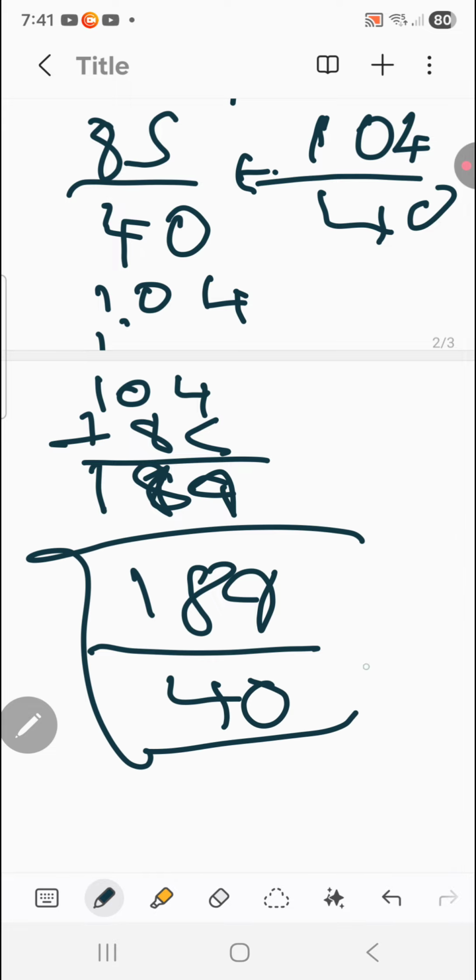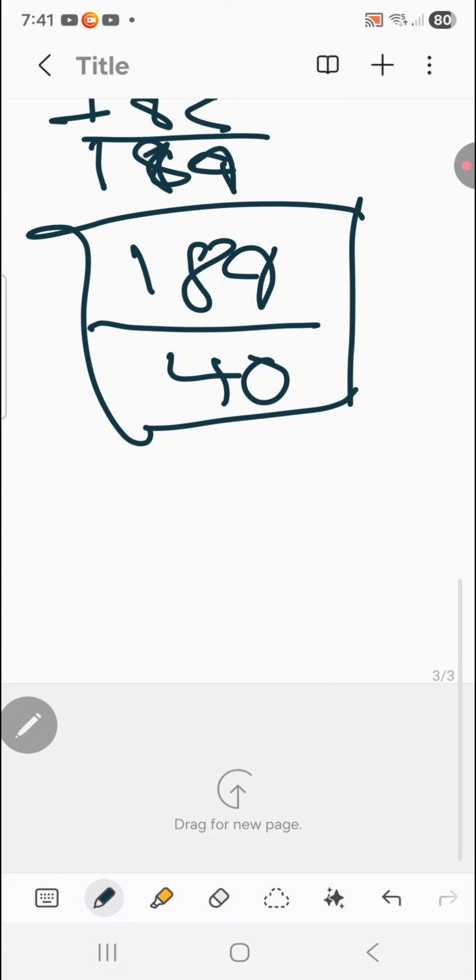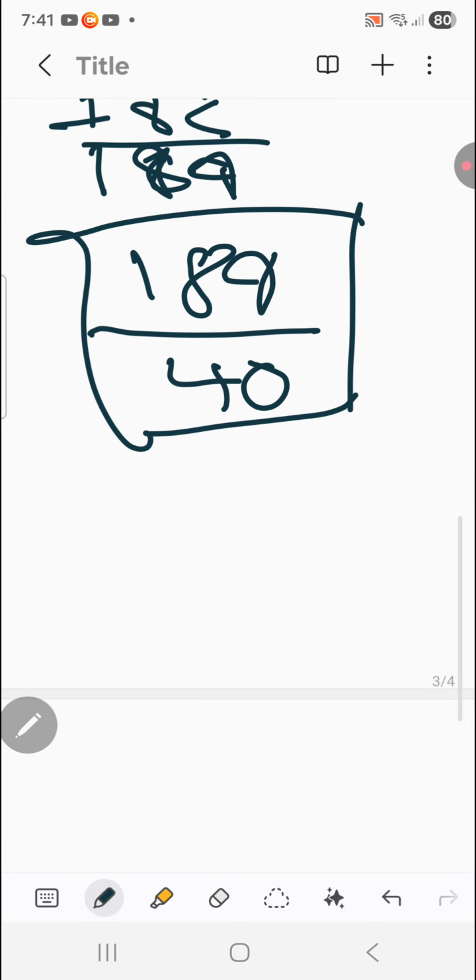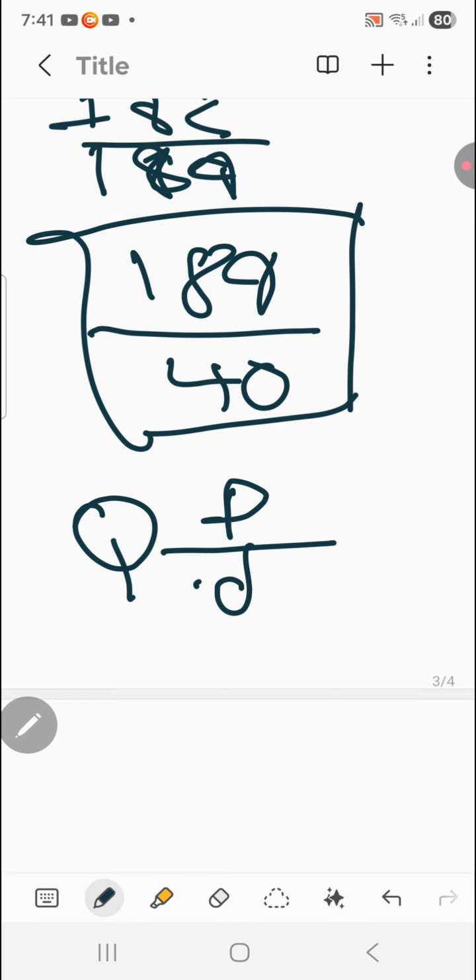Now this is the answer, but the original form still remains, and that is to convert this back into a mixed fraction. As I said, the formula for this is Q, the quotient, and the top is the remainder, and this is the divisor. So this is the formula.